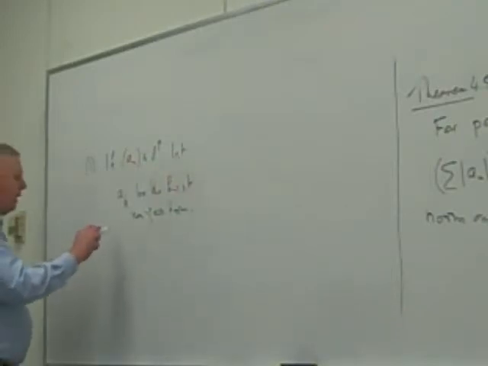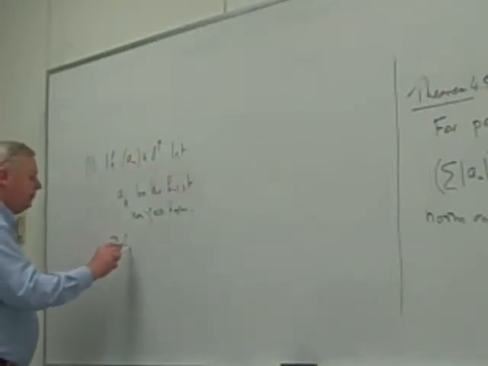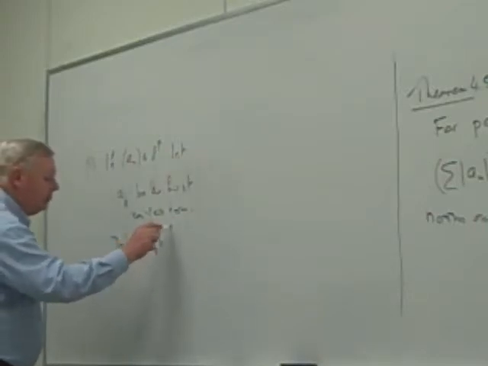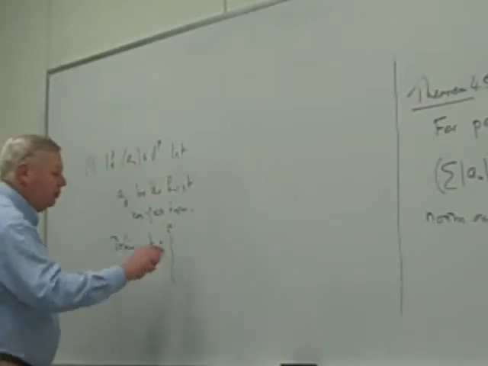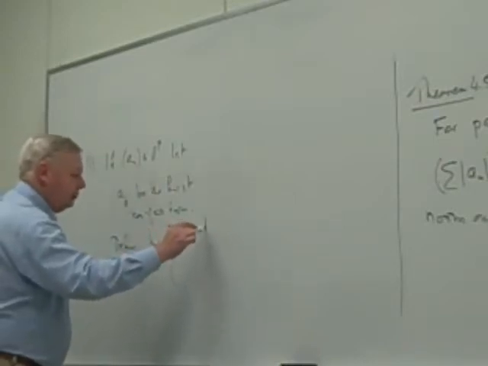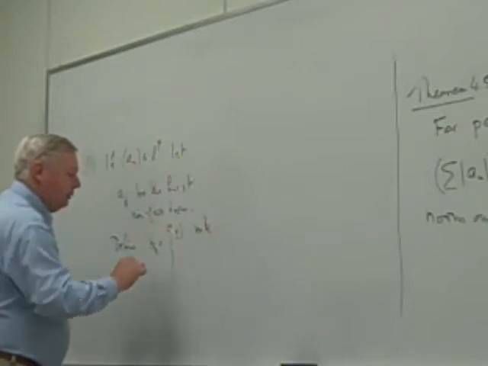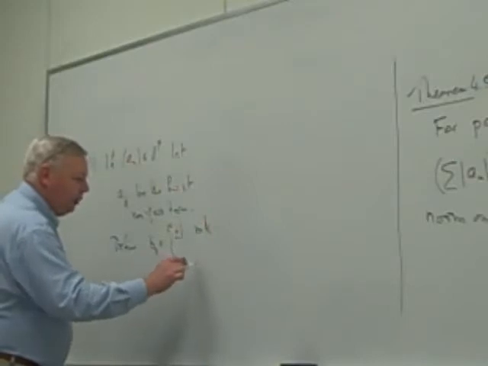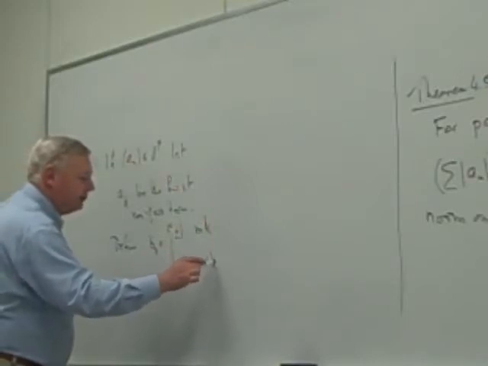And then define b_n to be equal to plus or minus 1 when n is equal to k, and 0 when n is not k.